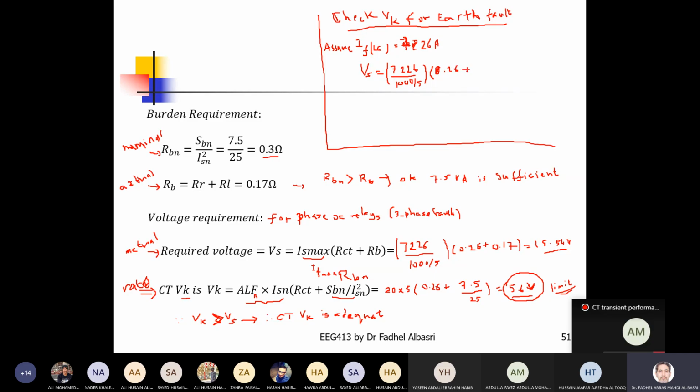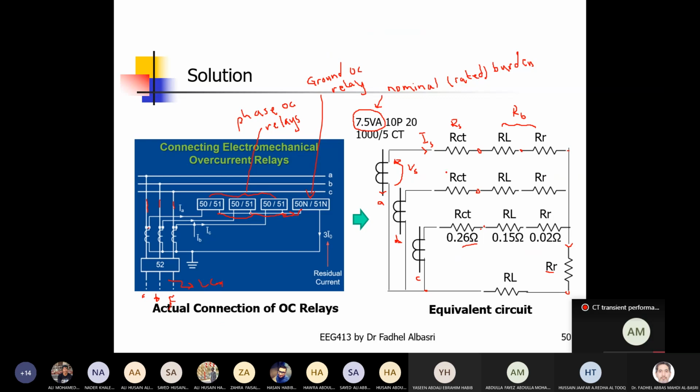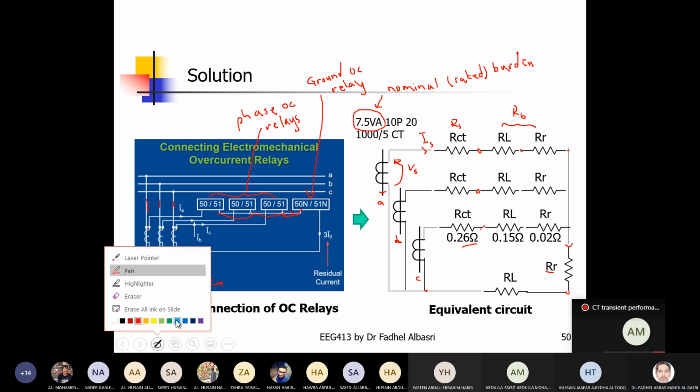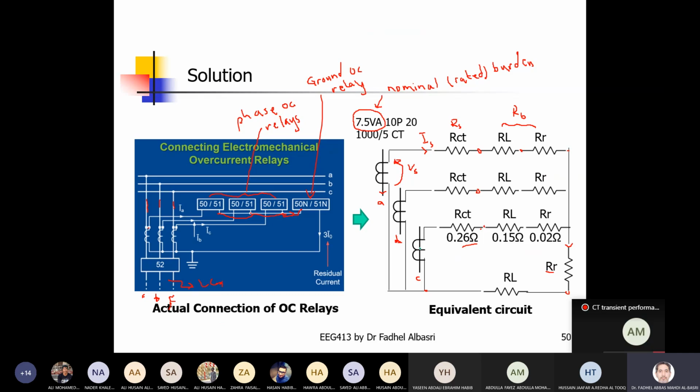Now look to this, very important. What will be the current path for ground fault? Now for ground fault, suppose the fault is in phase C. It's here, the fault. And this current will be normal current, so there will be no fault currents here, only in phase C. So the current here is I fault at the secondary.